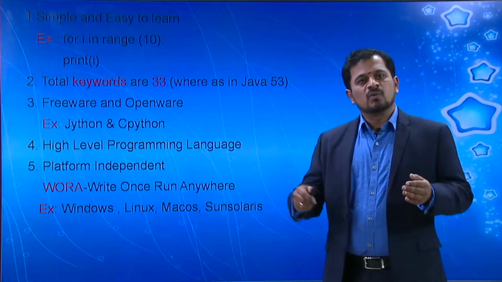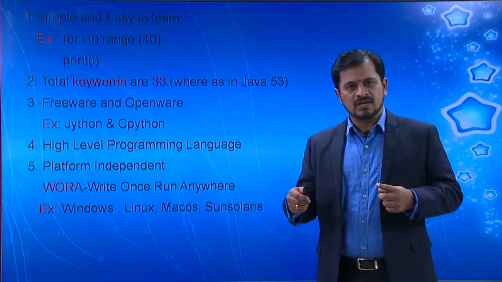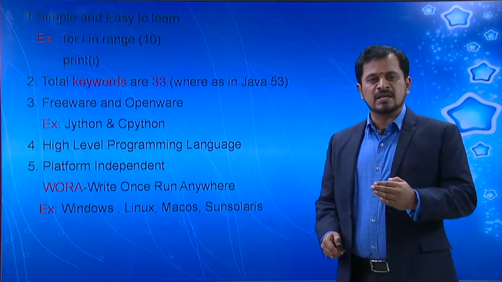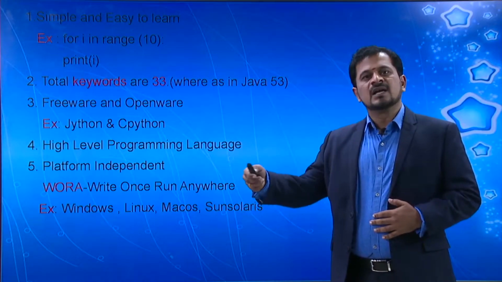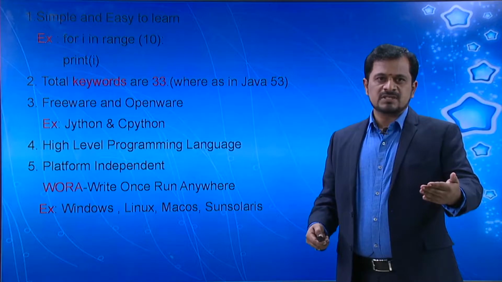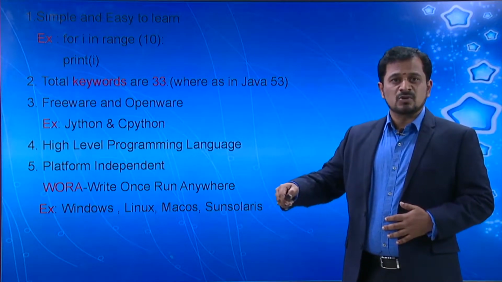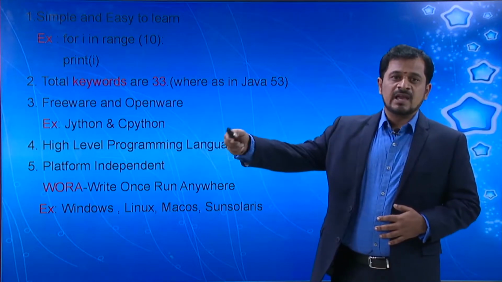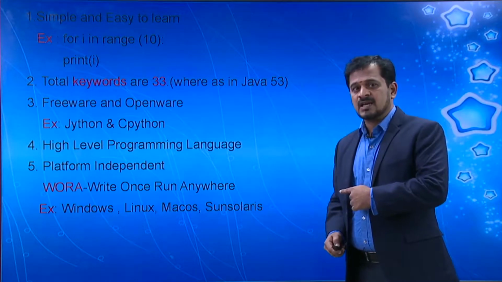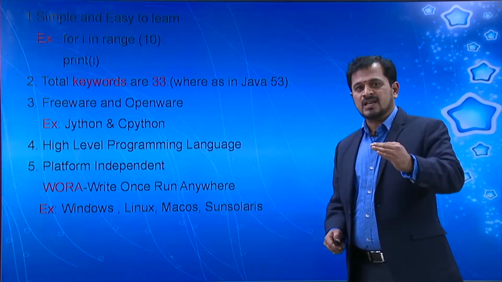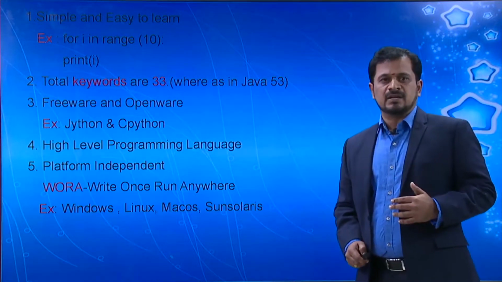In that environment I write the program the first time, which we call write once, and then you can run the same program on any other platform like Mac OS, Linux or Sun Solaris. It is not limited to these; you can take it into any environment and run the same program. That is why we call it write once, run anywhere. That feature we call platform independent.